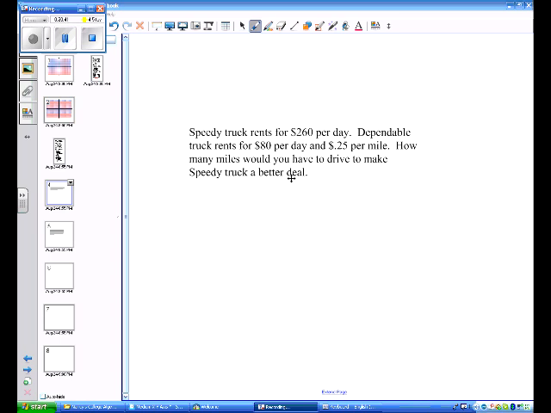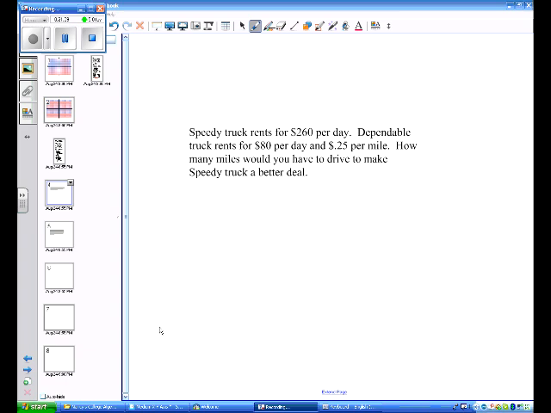Okay, we want to look at a situation here where we're going to rent a truck. And we have a choice. We can rent Speedy Truck for $260 per day, or we can rent Dependable Truck for $80 per day, but 25 cents per mile. So what we need to figure out is how many miles would we have to drive to make Speedy Truck a better deal?